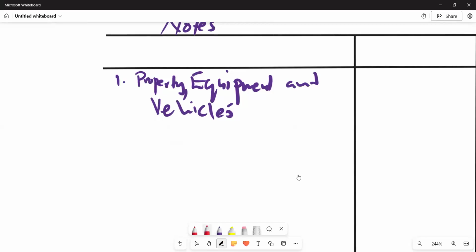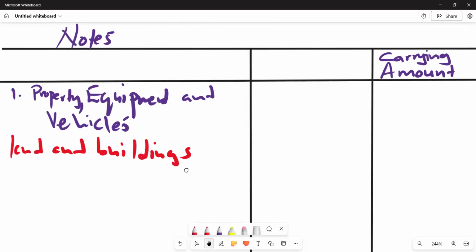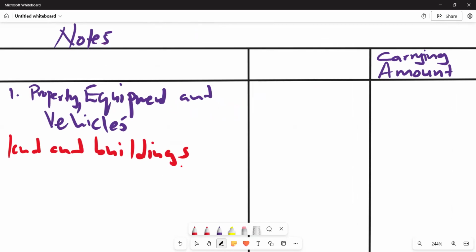So we are saying we are having land and buildings. The figure for land and buildings, we're going to put it in the first column that we have here. It is 156,900. And then after land and buildings, we have equipment with a value of 168,000.